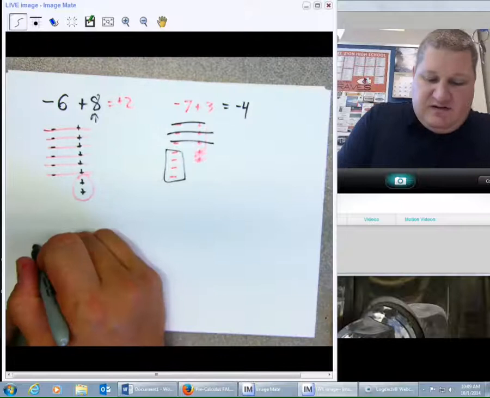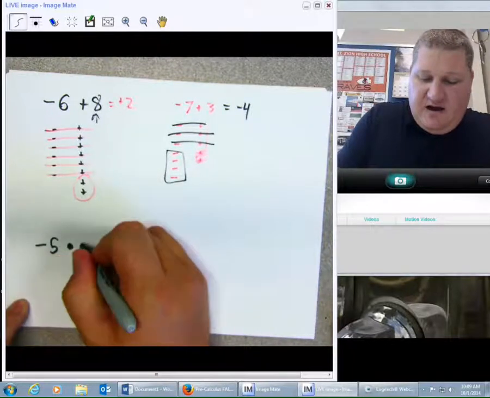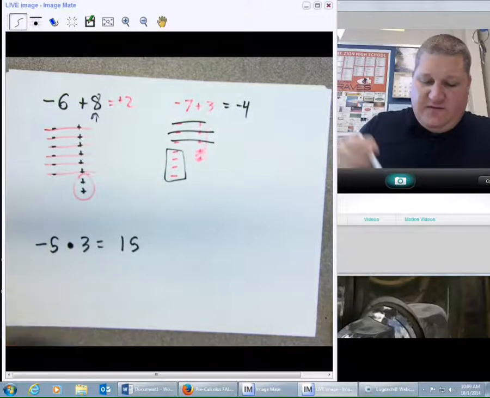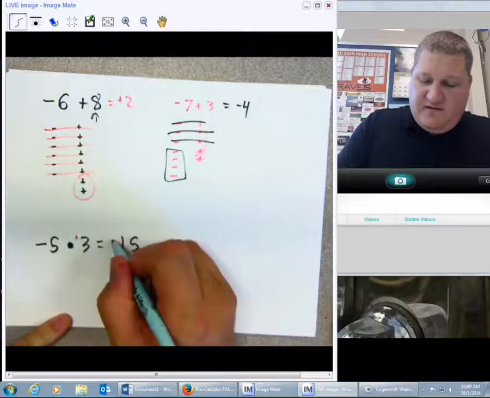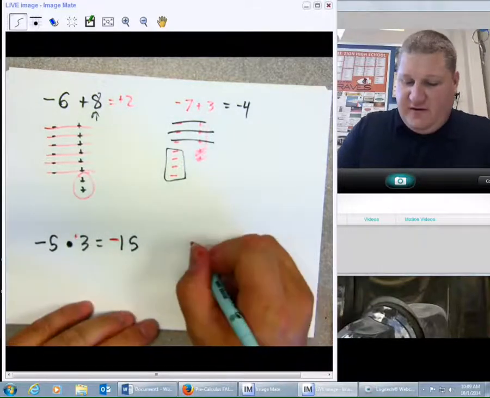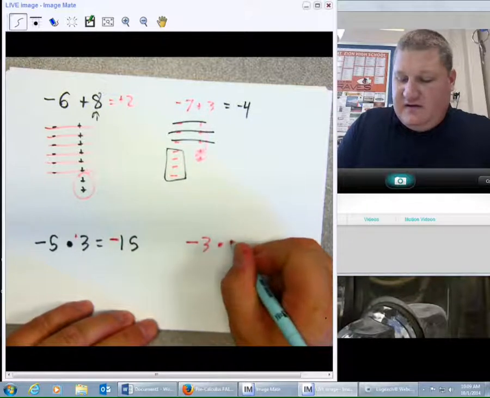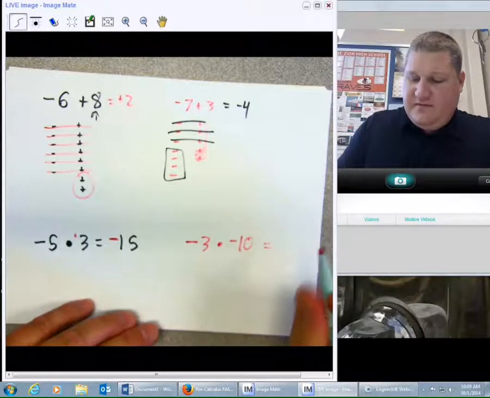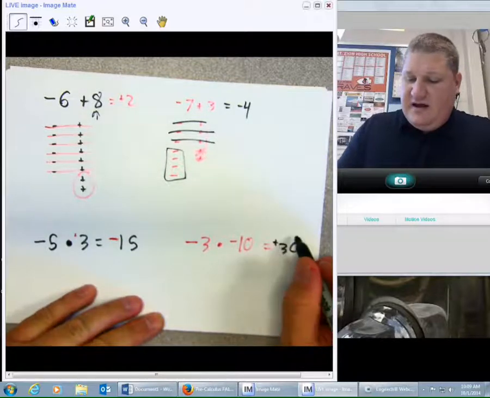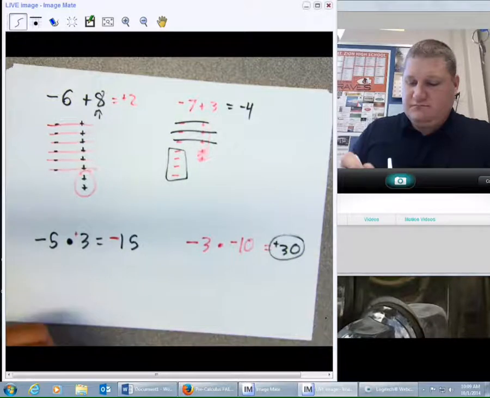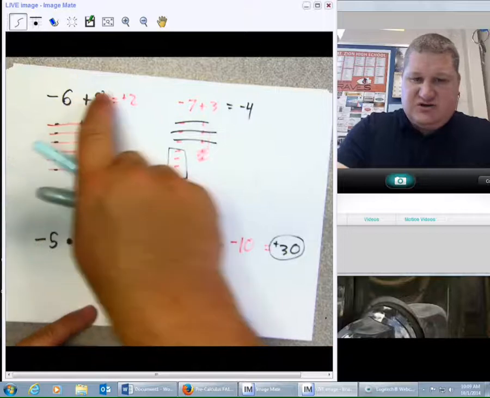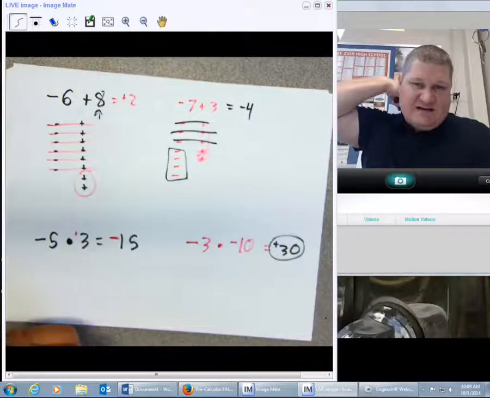But if I take negative 5 times 3, it's going to be 15, and with 1 positive and 1 negative, the answer is going to be negative 15. If, on the other hand, I have negative 3 times negative 10, I'm going to have 30, but 2 negatives make a positive. Okay, so in these cases, in addition and subtraction, whoever is bigger wins.